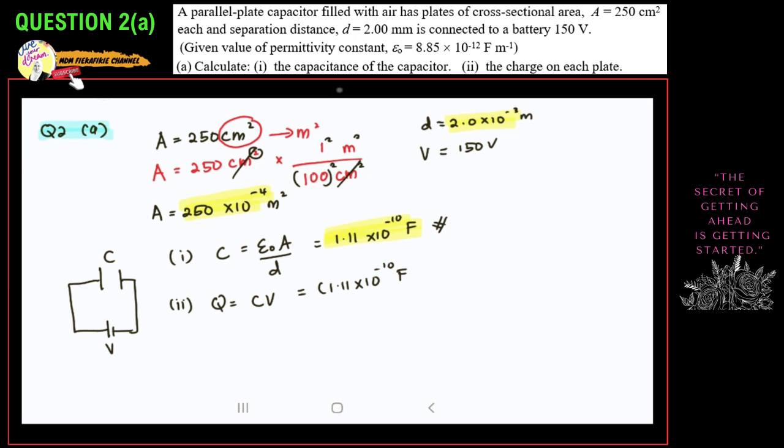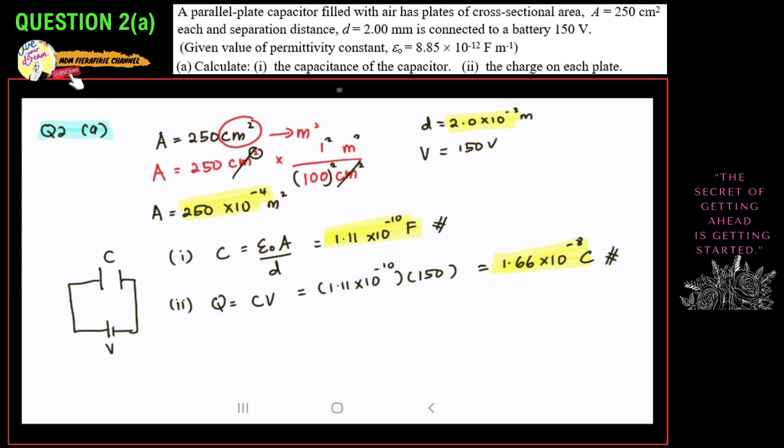When the capacitor is connected to the battery of 150 volt, the charge in the capacitor should be equal to 1.66 times 10 power of negative 8 C, which is coulomb. Don't forget the unit. It's a pity to lose marks for forgetting the unit.